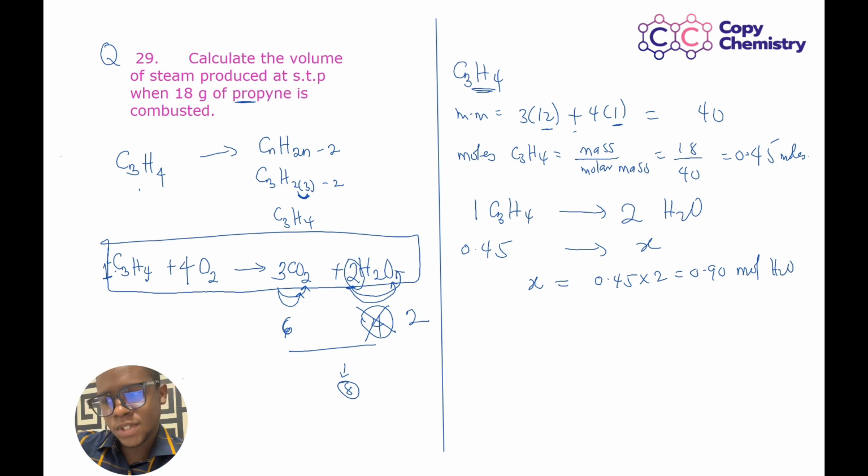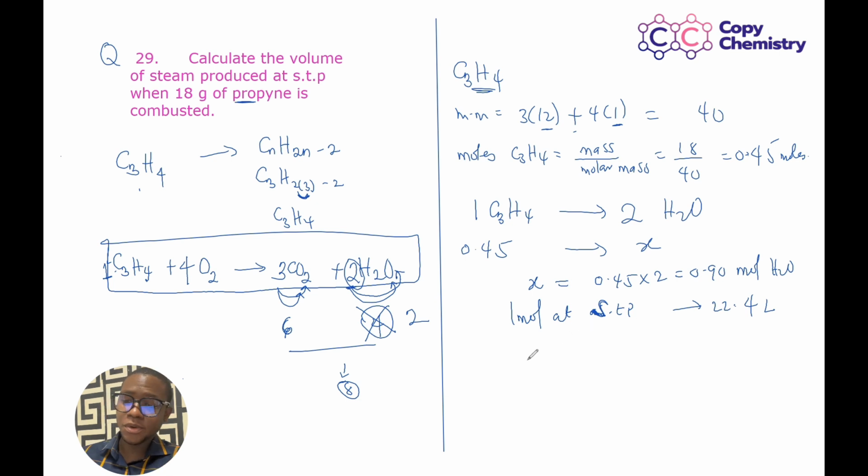Calculate the volume of steam at s.t.p. Oh, what happens at s.t.p? Yeah, remember, 1 mole of any gas at s.t.p. It's not easy to write and talk. 1 mole of a gas, that's steam, at s.t.p. is actually 22.4 liters.